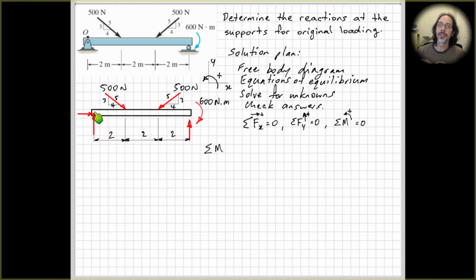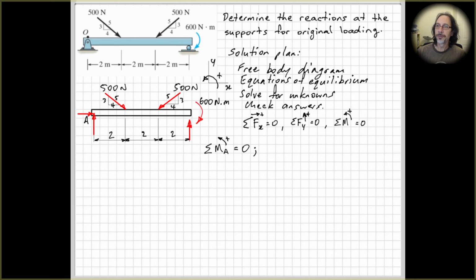Over here at the left-hand end, we've got a location where both of our unknowns pass through. So these two will have 0 moment about this point. That will enable us to work out this force on the right here straight away. So let's call that point A, and then indicate on our formula here that we're taking moments about point A.